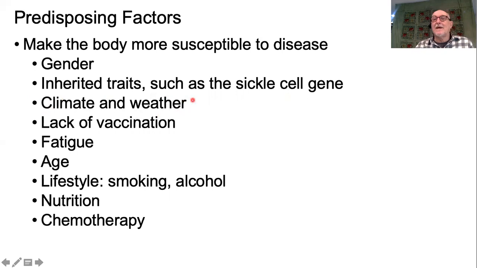We place an inordinate amount of importance on climate and weather. It's actually not nearly as directly important as you would think. We say, oh, I caught a cold because I went out in the rain. I got flu because I got cold skiing or whatever. There's no direct association like that. But climate and weather do have an impact because they actually can affect, for example, the survival of an infectious agent in the air, and things like that.